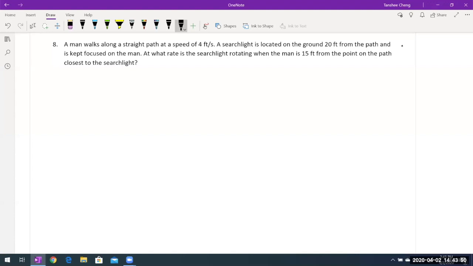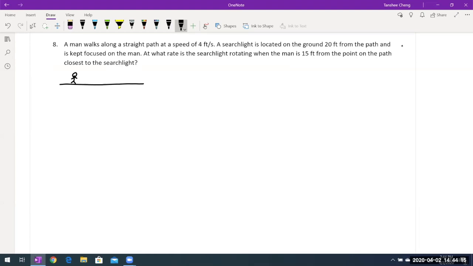So here's a straight path, and a man is walking. Right? A person is walking, and there is a searchlight located on the ground, 20 feet from the path.